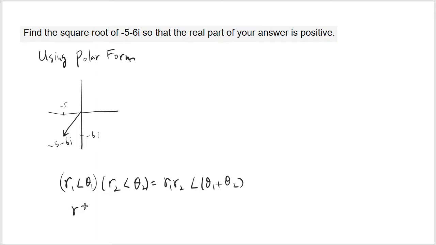So if you had any number in polar form and you squared it, it's going to be r squared angle 2 theta. This is also called de Moivre's theorem. So this says that if this number became negative 5 minus 6i, then your previous number that's squared to get this one would have had half the angle.